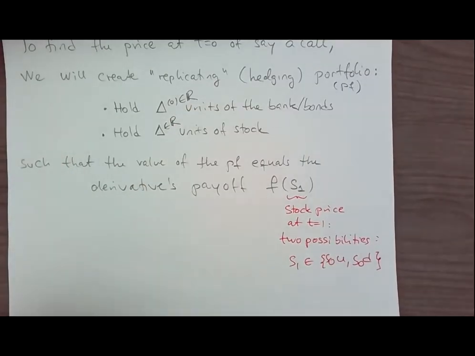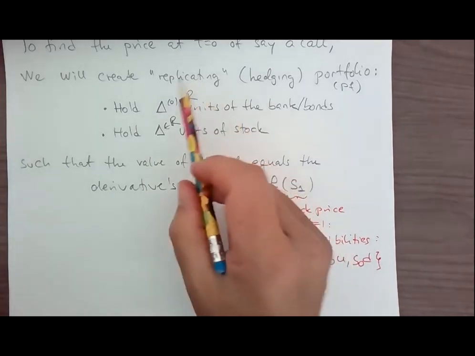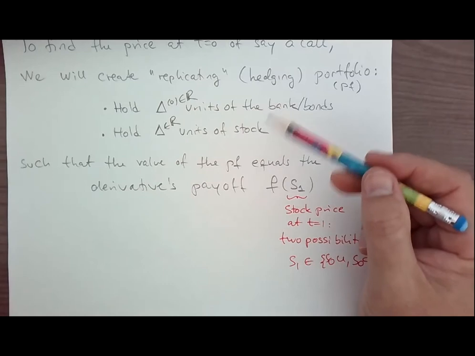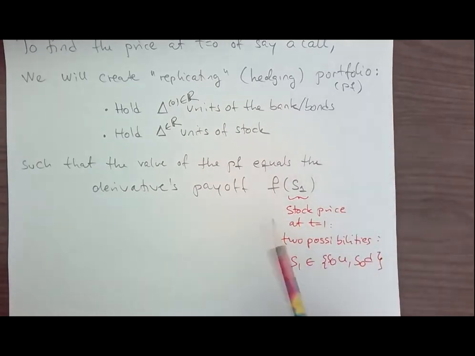We're not putting any restrictions saying that delta has to be positive or delta naught has to be positive, or that it has to be an integer or a natural number. These are arbitrary real numbers, and we're going to create them such that by holding the portfolio, we get exactly the same payoff as we do from the derivative.